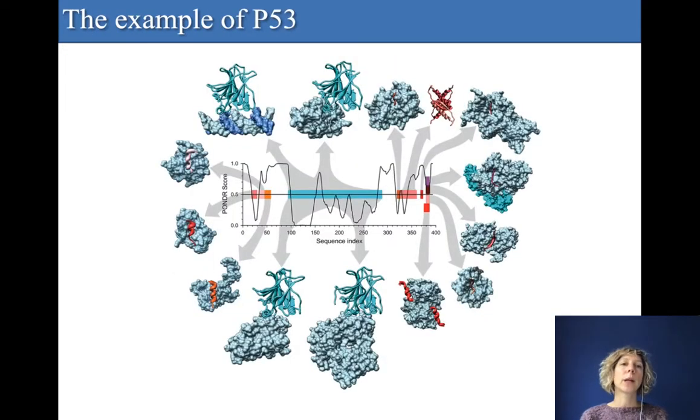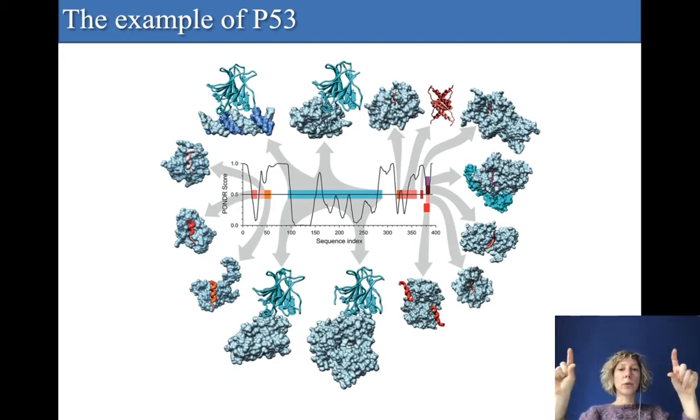So again, if we go back to the example of p53, what you have here are examples of complex 3D structures of p53, different parts of p53 in interaction with different partners.